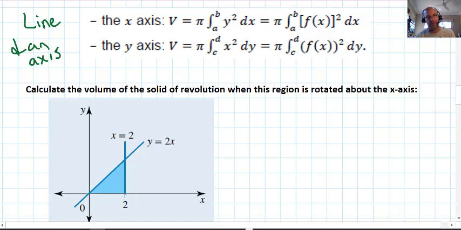That's further down the track, that's not covered in this video. But between a line and an axis, now we need to know it for the x-axis, the volume of revolution of a solid that you get by rotating a line.